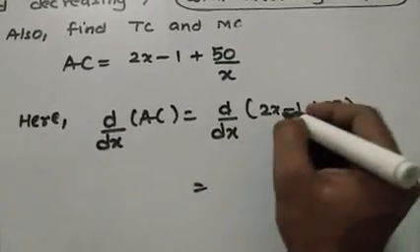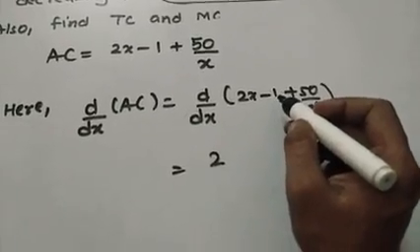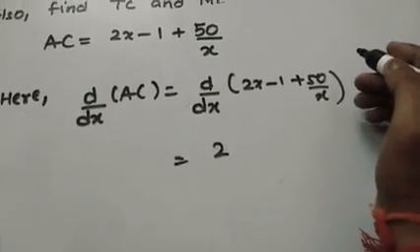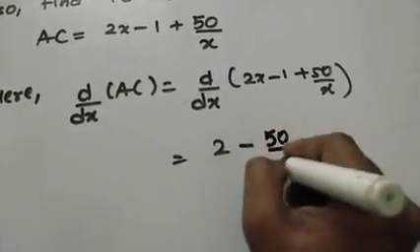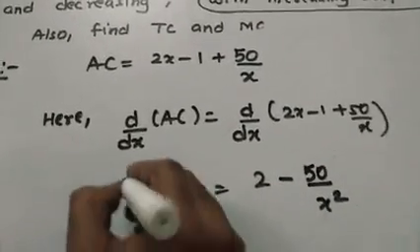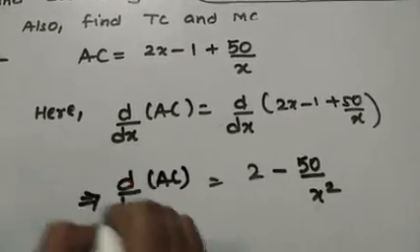For 2x, the derivative is 2. Minus 1 is a constant, derivative 0. And 1 by x has derivative minus 1 by x square, with 50 as the constant. So this is your d/dx of average cost.